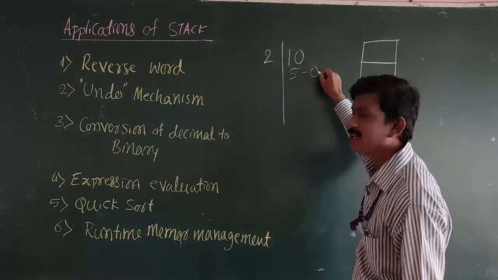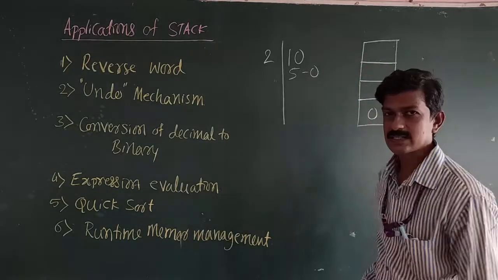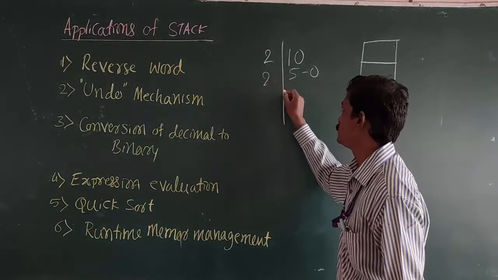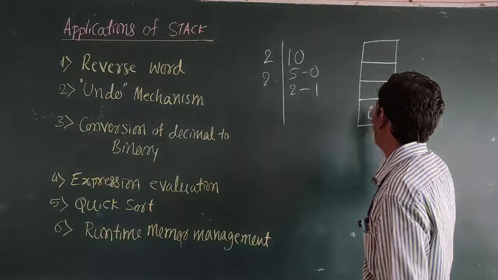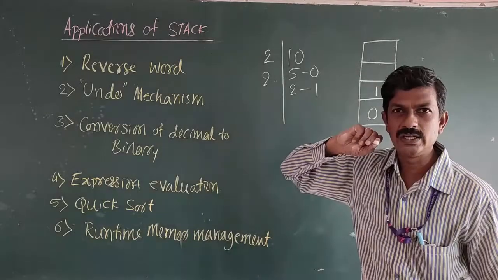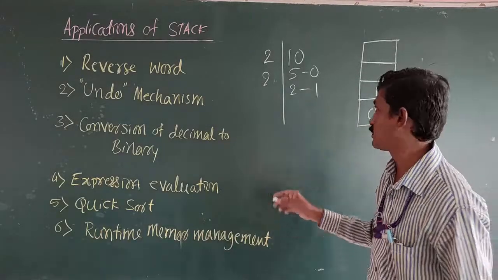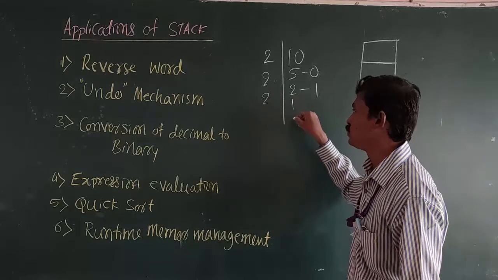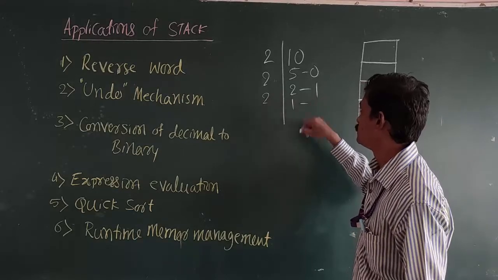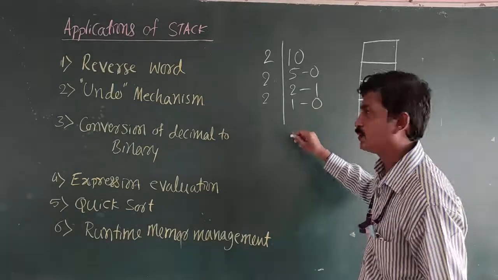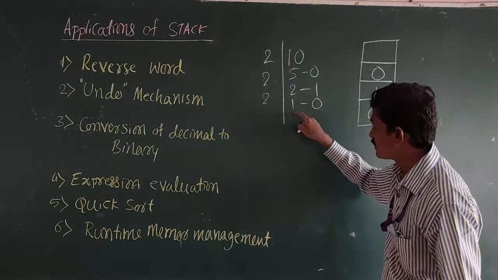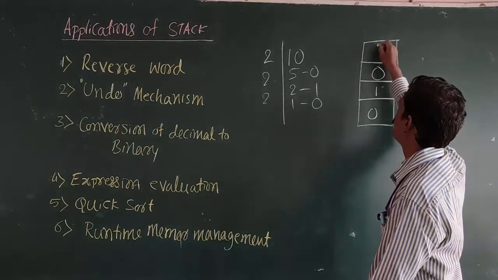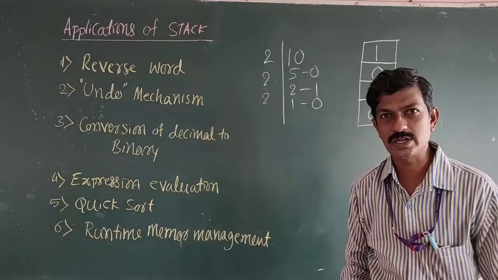Now I insert 0 into the stack. Next, 2 into 4, remainder is 1, inserted into the stack. Once again, 2 ones are 2, remainder is 0, and 0 is pushed to the stack. Once again, remainder 1 is also pushed to the stack.